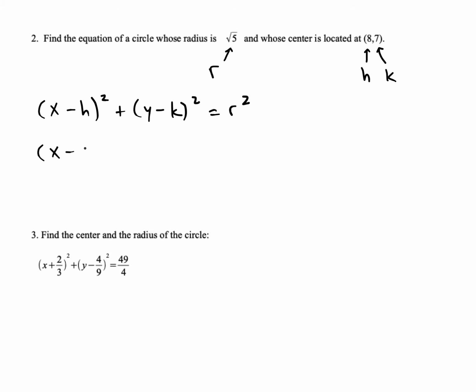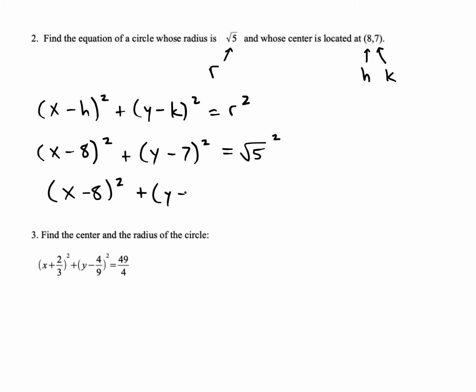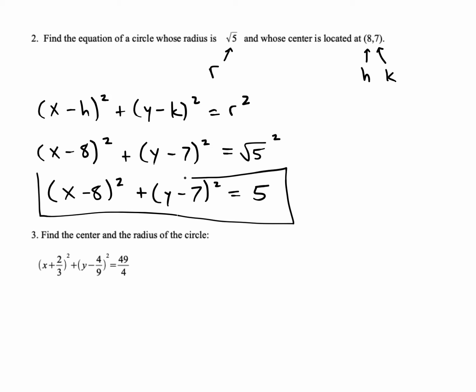So we'll have (x minus 8) squared plus (y minus 7) squared equals radical 5 squared. We could simplify that if we wish. And there's our circle equation.